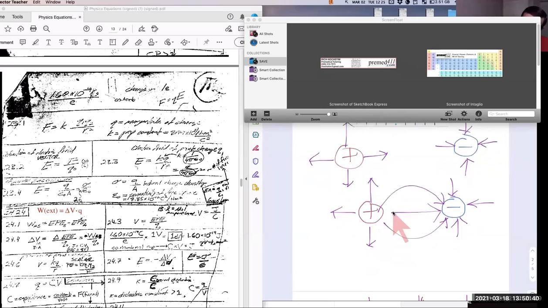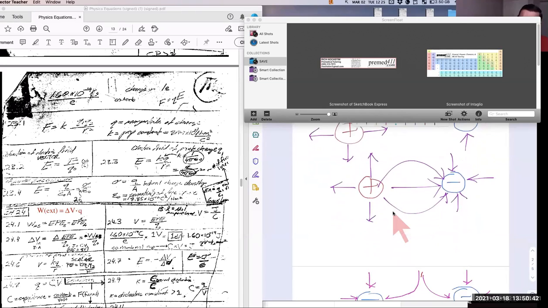I didn't actually draw this out as fully as I could have to demonstrate this, but I will still use this. That is an equipotential surface. If you make it a sphere, this is going to be uniform voltage.